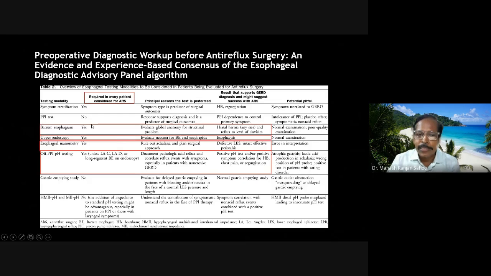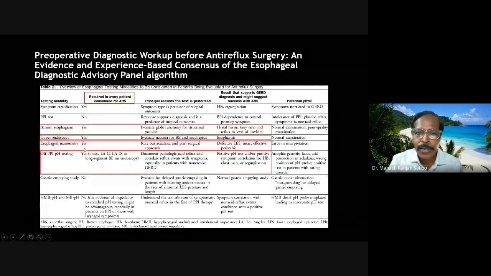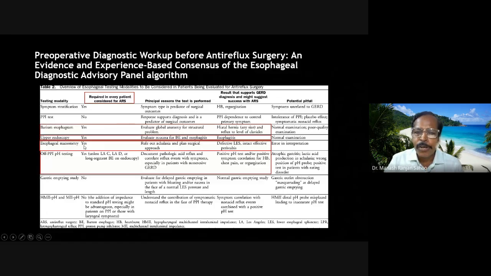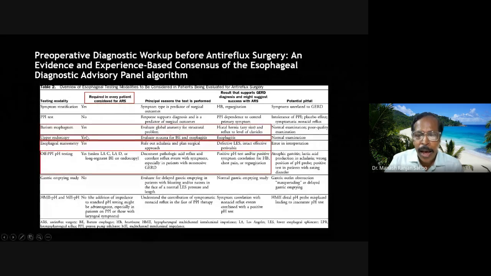Ideally all 4 tests should be done. But if you do not have manometry or 24-hour pH testing, you can proceed with these 2 tests and your clinical impression. But esophageal manometry and 24-hour pH study are at the present moment one of the basic requirements of pre-operative workup for a patient undergoing an anti-reflux procedure.